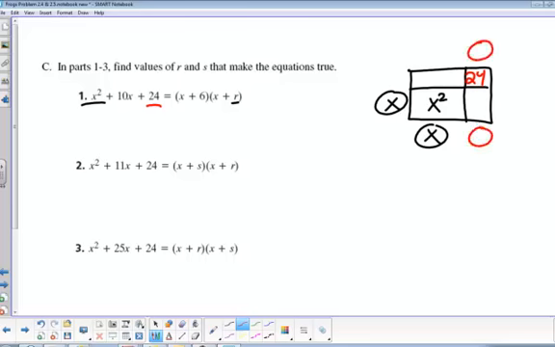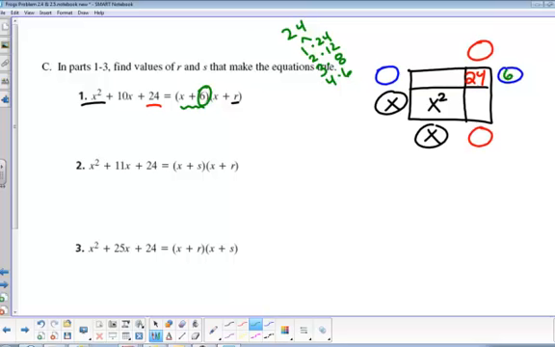So now we need to figure out what two numbers multiply to give 24. And we know that one of the dimensions is already given as 6 because 24 has a lot of different multiples. 1 and 24, 2 and 12, 3 and 8, and 4 and 6. 6 is already one of them.